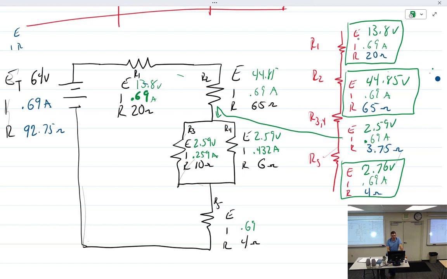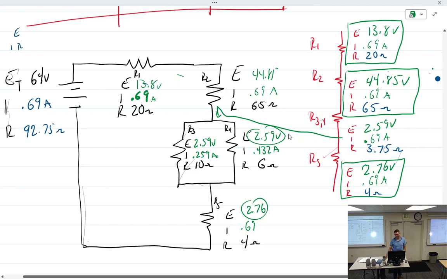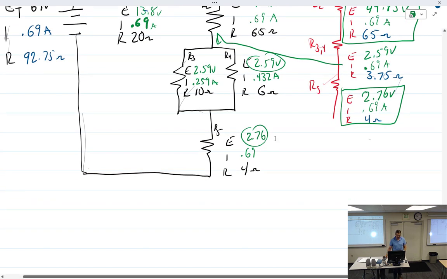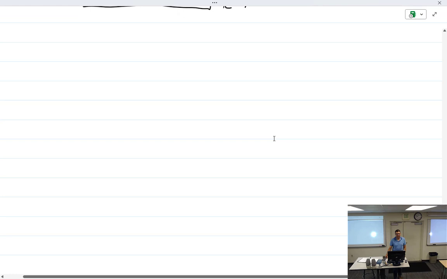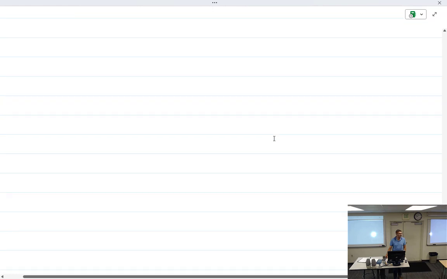We have 64 volts. We're going to drop 13.8, then 44.85, then 2.59 across 2 resistors, plus 2.76. So 2.76 plus 2.59 plus 44.85 plus 13.8 equals 64. All right, everybody's happy, wonderful, can do this.